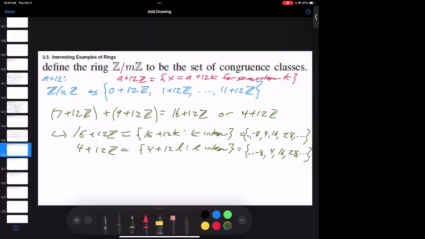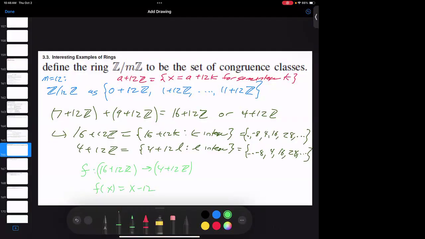How could I go from one to the other? Can you give me a map that takes something from 16 plus 12Z and gives me something of the form 4 plus 12Z? I could do f of x equals x minus 12.